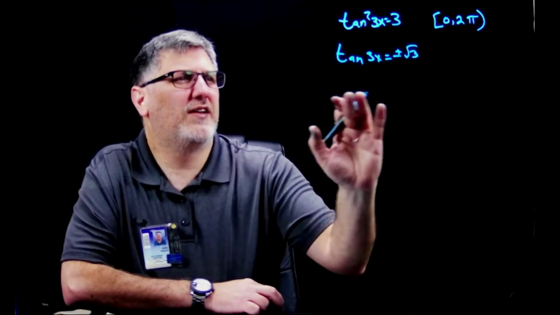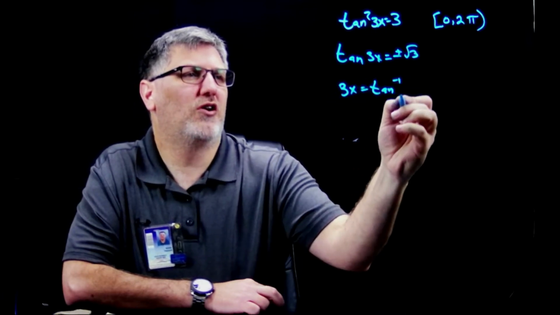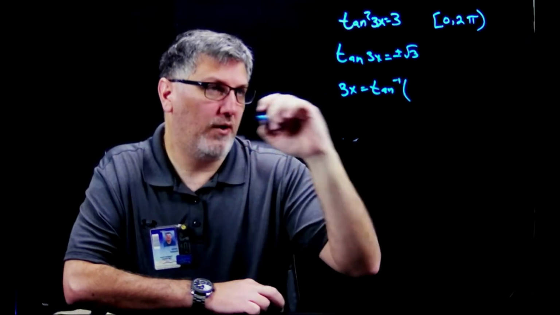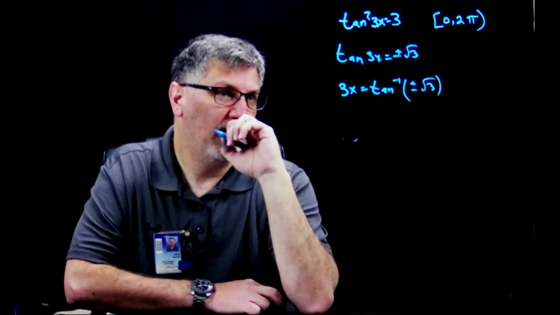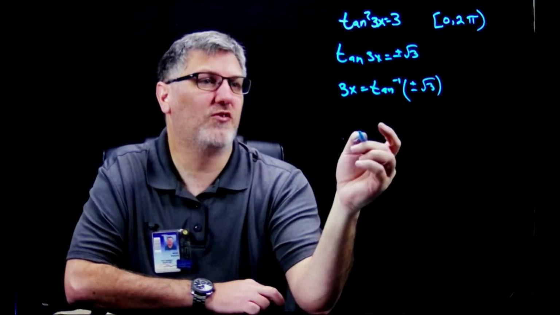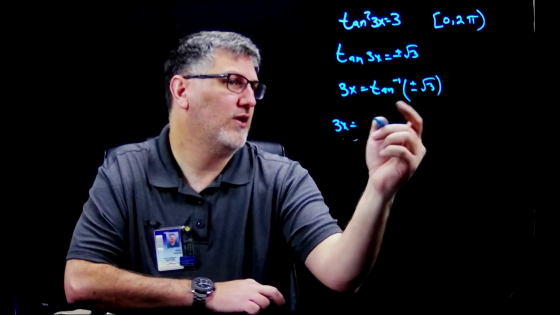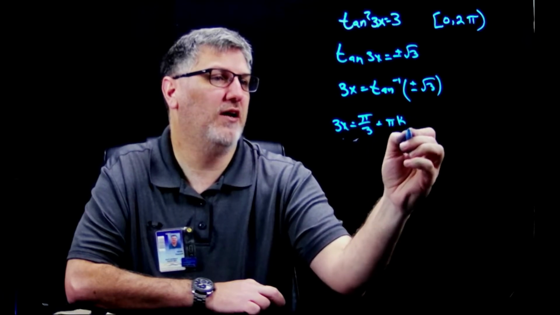Well, I can take the arctangent, and I can get 3x equals arctangent of plus or minus the square root of 3. So I'm actually going to have two different solutions to this. I'm going to have 3x equals pi over 3 plus pi k.